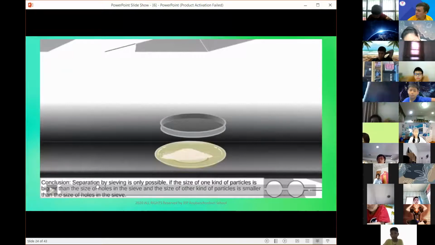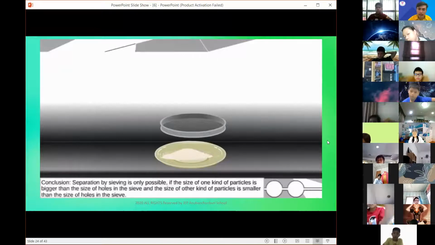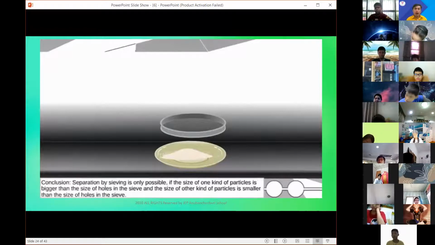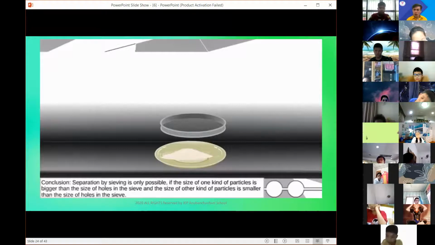Okay, so did you understand that? So, sugar and salt. For example, if I put sugar and salt on a sieve, do you think they will be separated? No. Why? Because both of them are small, right?